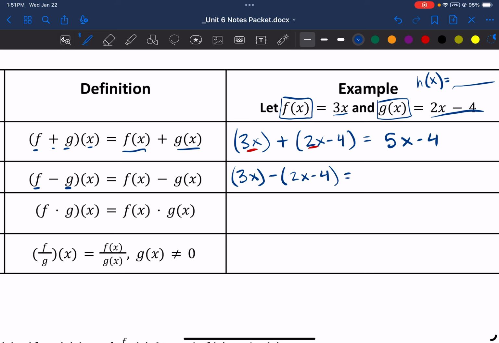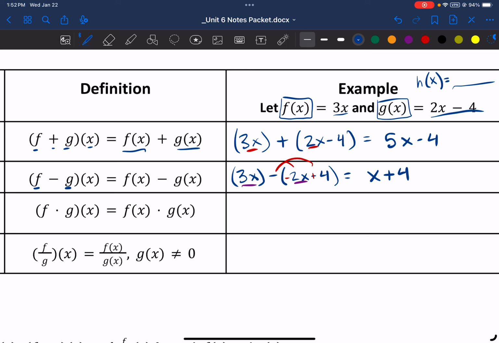Now, if you remember, in subtraction, we want to distribute the negative. It's going to make this negative and that positive. And when we combine our like terms, we will get x plus 4.